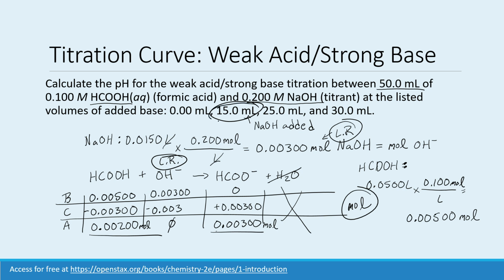And the total volume is the 15 milliliters of sodium hydroxide that we added to the 50 milliliters of the formic acid. And so total, we've got 50 plus 15, which gives us that 65 milliliters. So we've got to divide each one of the moles by 0.065 liters.